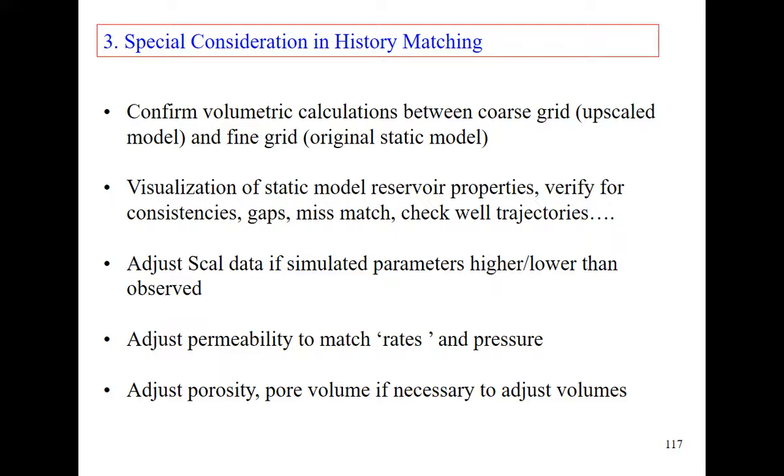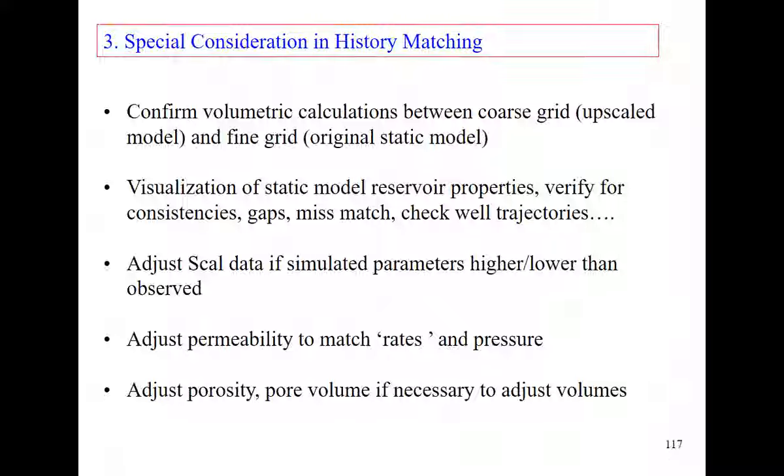So we have to visualize the static model before we start our simulation and see what is in there, to make a good start. And if there is something abnormal, we have to go back to our geomodeler and tell him this is not acceptable, you have to make modifications. He will do it for you, and then come back again to you with a new revised model, and then you can work on it.